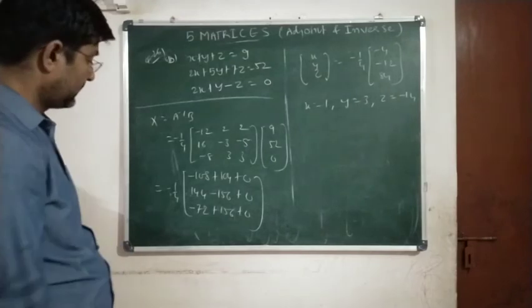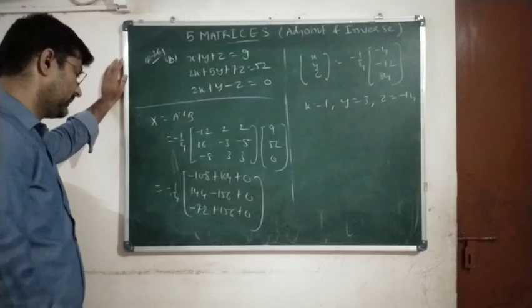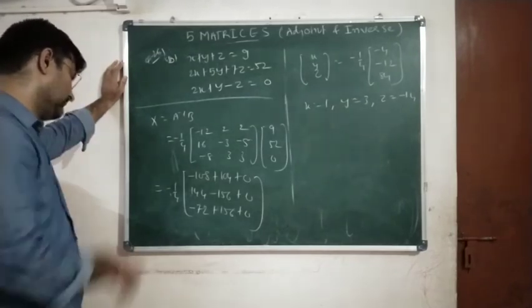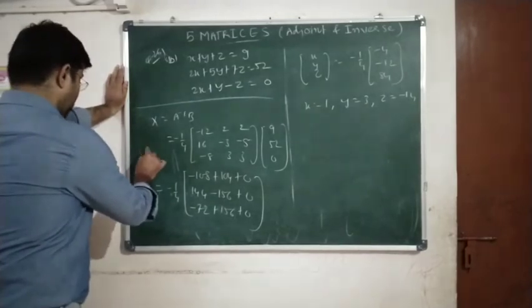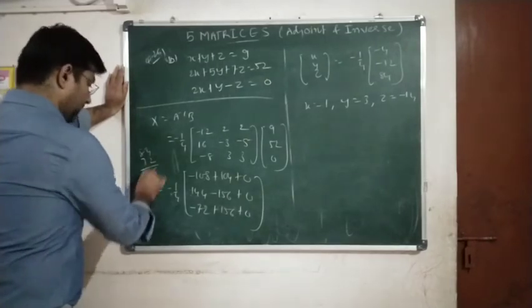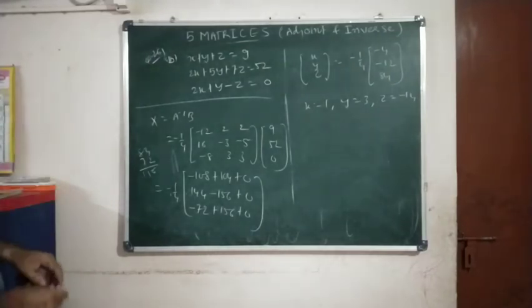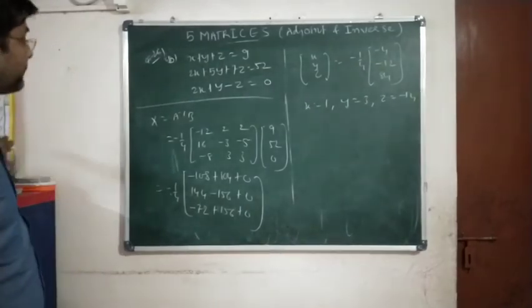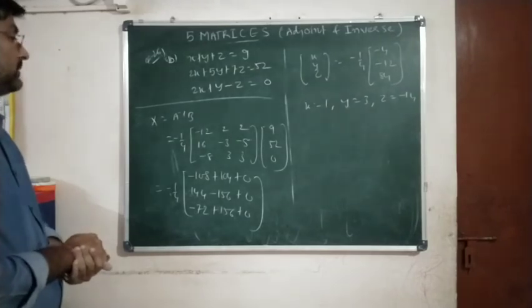Okay, 144 minus 72, we got 84. 84 plus 72, 156. That is right only. So there must be 20. Yes or no? So in order to get 20, let us find out what the mistake is.